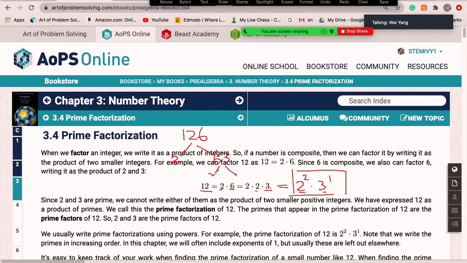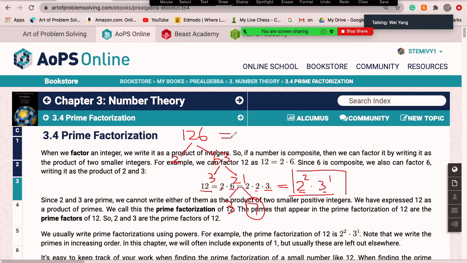Then you use 3 to divide. You get 21. So 21, you still check if this one is still divisible by 3. Yes, you get 21 equals 3 times 7. Then you check 7 is already a prime number.